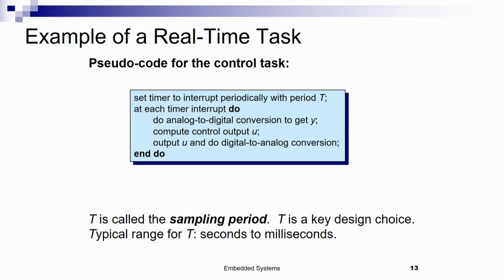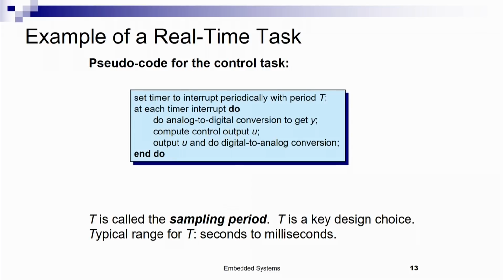Then we compute the control output, so that the current throttle needs to be computed, and the output u is then converted digital to analog, and we feed it to the actuator. This is what is happening again and again every time period t. Therefore, t is called the sampling period.